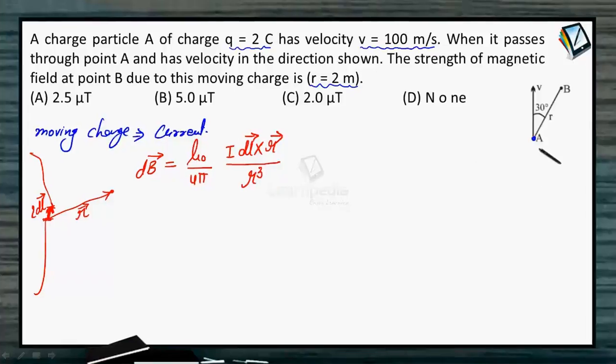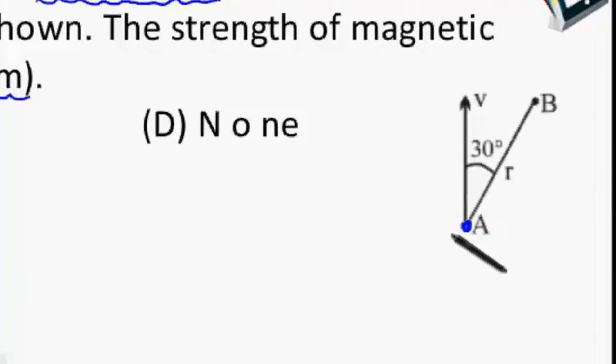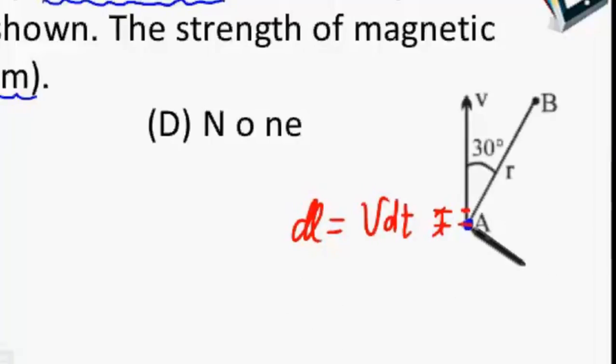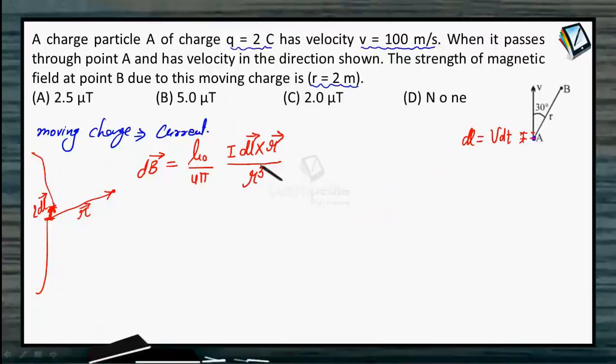Here also we can assume it like a current segment. If we allow a time interval of dt second, then it will cover a distance of v into dt. So we can use v into dt in place of dl, and treat it as a current element. So how do we modify things?